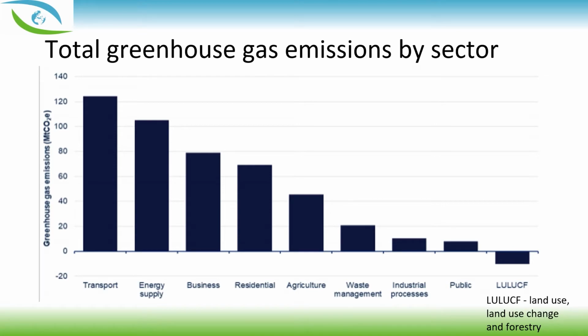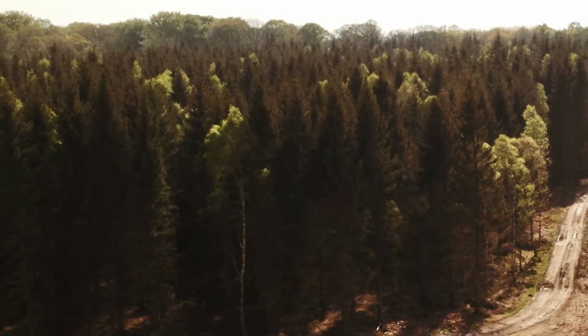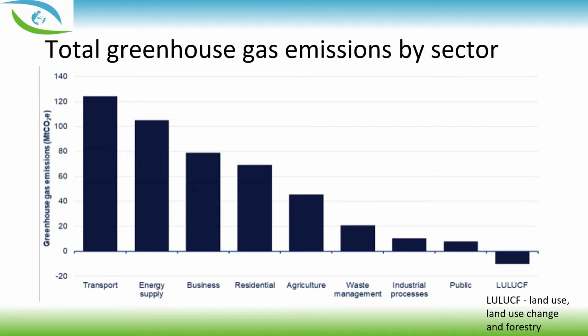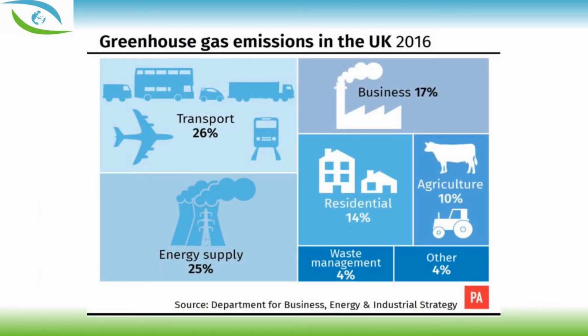The land use change and forestry sectors act as a net sink for carbon and therefore appear as a negative value on this graph. These are the main sectors and their emissions. These figures exclude life cycle emissions from bioenergy grown overseas, the UK share of international aviation and shipping, and the greenhouse gases generated when goods are imported into the United Kingdom.